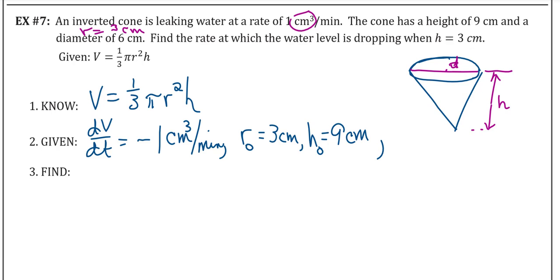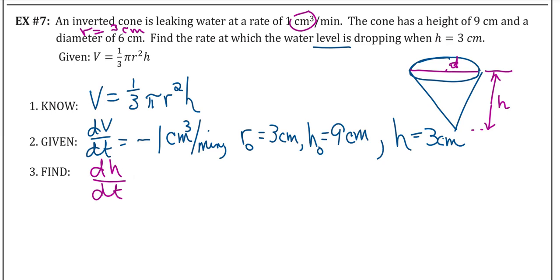And then we also have our H that we want is 3 centimeters. Okay, so we need to find the rate of change, the level of the water. It says level right there. So that is dH dt.